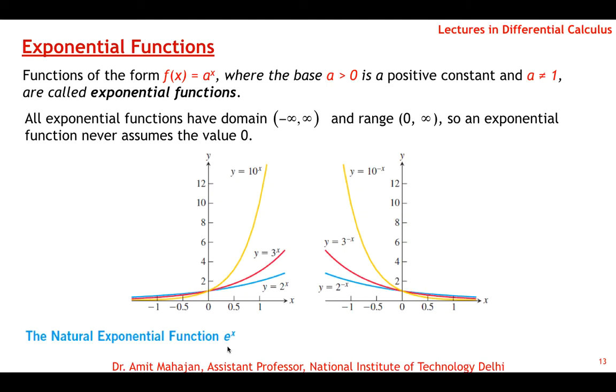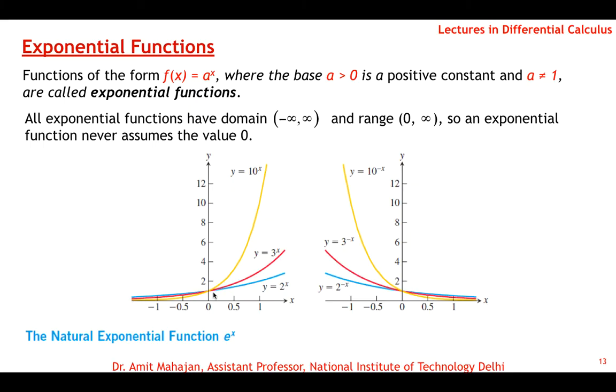One of the important facts is that if you draw the graph of e power x, where e is 2.71828 and so on, that graph will also be somewhere between the blue line and the red line, between 2 power x and 3 power x. So 2.718 power x, the line will be somewhere here.